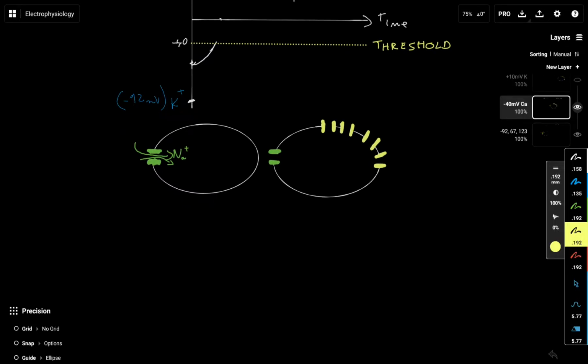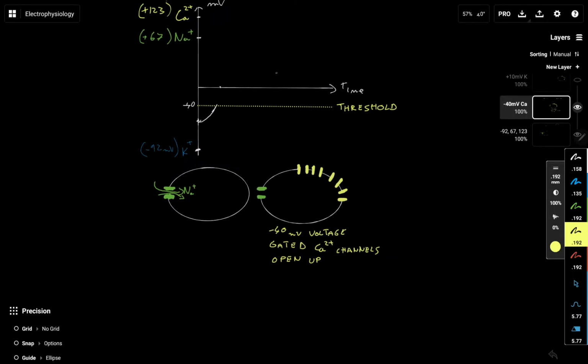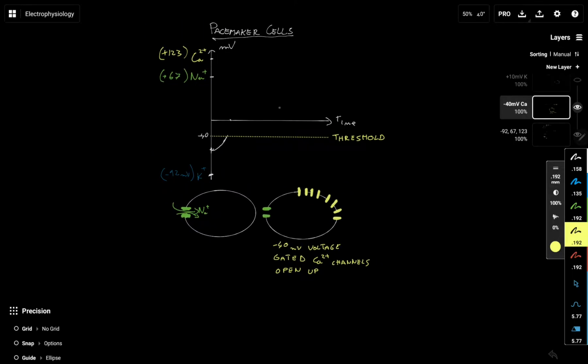Here I've drawn on this other cell these voltage gated calcium channels. They were there before, obviously, they don't just appear, but at minus 40 millivolts they open up. So we'll note here that at minus 40 millivolts, my voltage gated calcium channels open up.